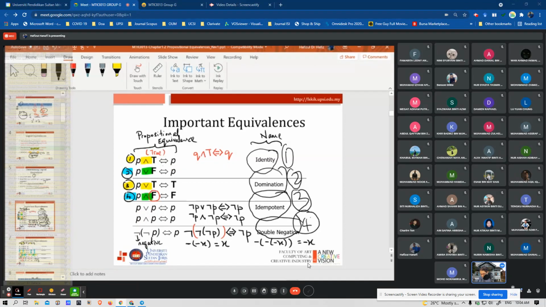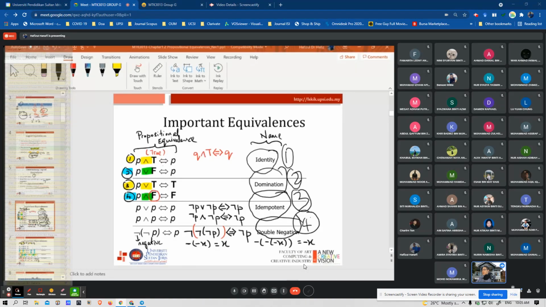For the identity, you need to know the identity. The identity law in discrete math is the law that states that each thing is identical with itself.